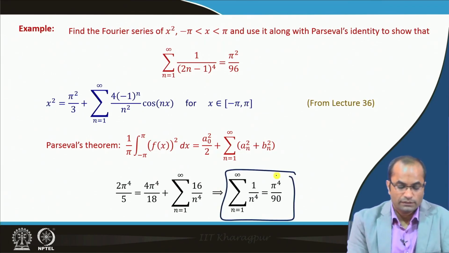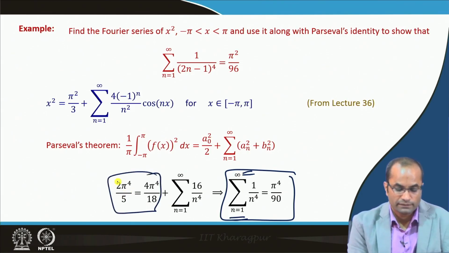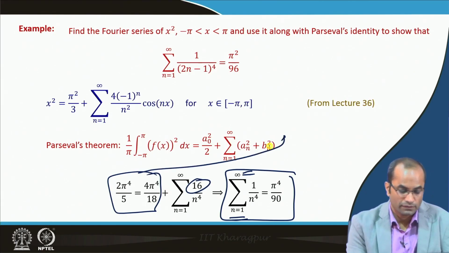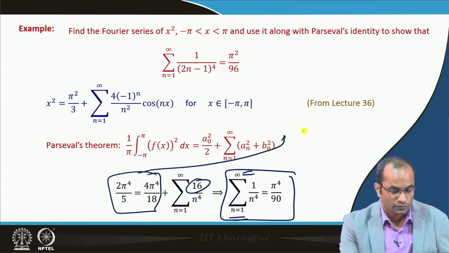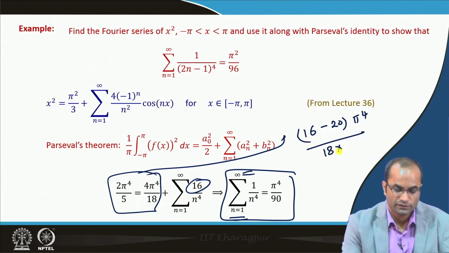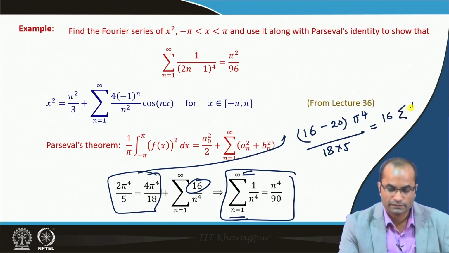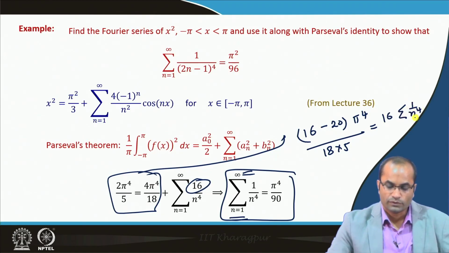which gives us the summation of 1 over n to the power 4, n from 1 to infinity, by subtracting here and then dividing by 16. What is the result coming now, we can check again. So, it is 2 over 5 minus 2 over 9 with pi to the power 4, and the right hand side we have 16 and then the summation over n to the power 4.